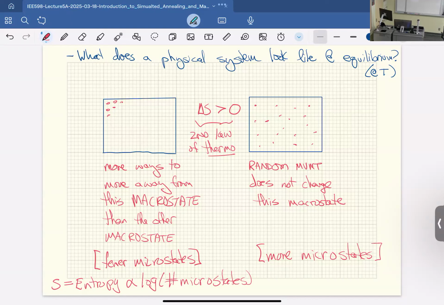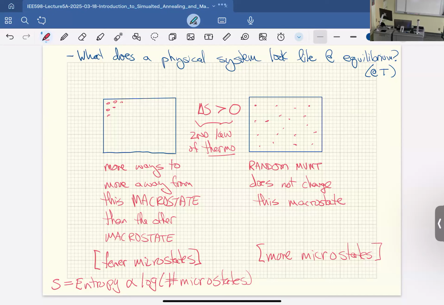Or if you paint that dartboard on the floor and you're just wandering around randomly, if there is a very small portion of the floor that you start in, you might stay within that small portion, but it is much more likely that you're going to wander into the large portion of the floor. And then you might wander back into the small portion, but most of the time you're going to stay in the large portion.